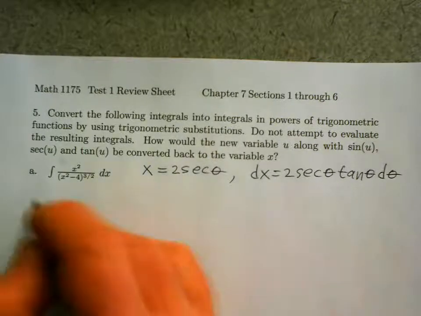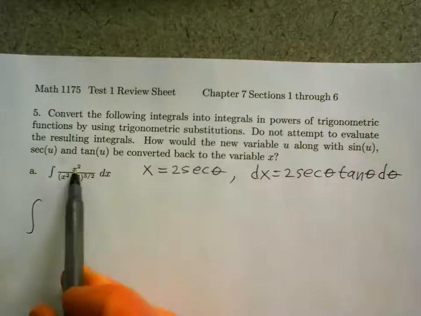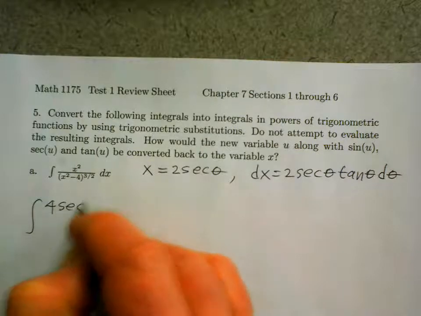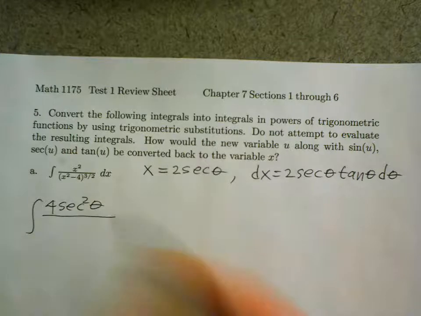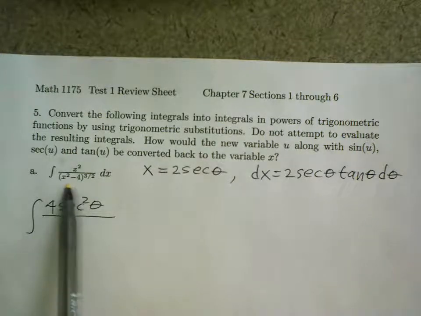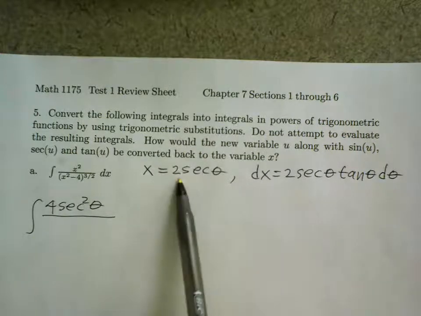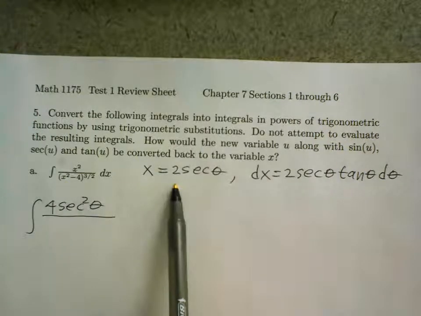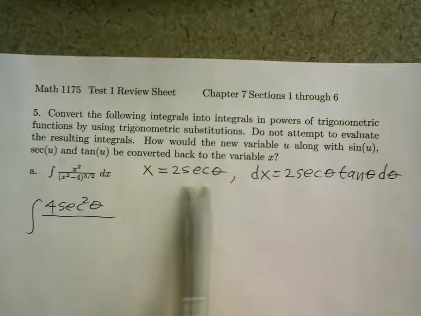Okay, so we'll just take this one step further. x squared is 4 times secant of theta squared. In the denominator, x squared minus 4, that's 4 secant of theta squared minus 4, which is 4 times tangent of theta squared.